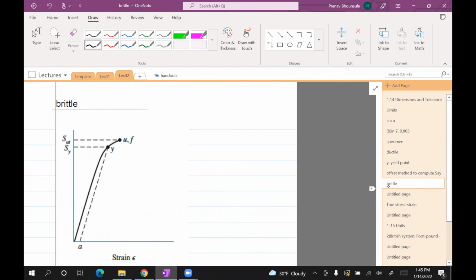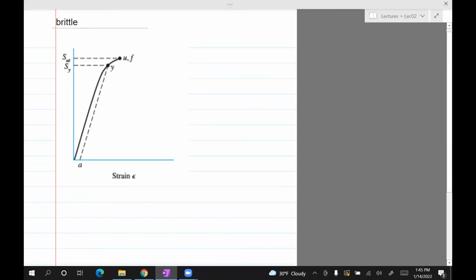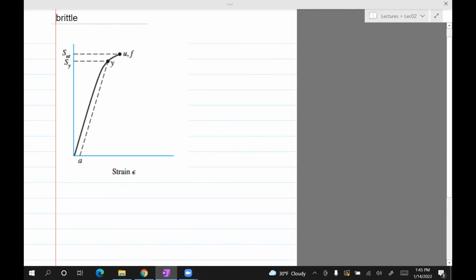If you do this to a brittle material, however, the curve looks very different. This is a curve for a brittle material. It starts off nicely, linearly, but then there is the yield point, and then there is no real maximum strength point. In fact, it fails at the same time the maximum strength is achieved.